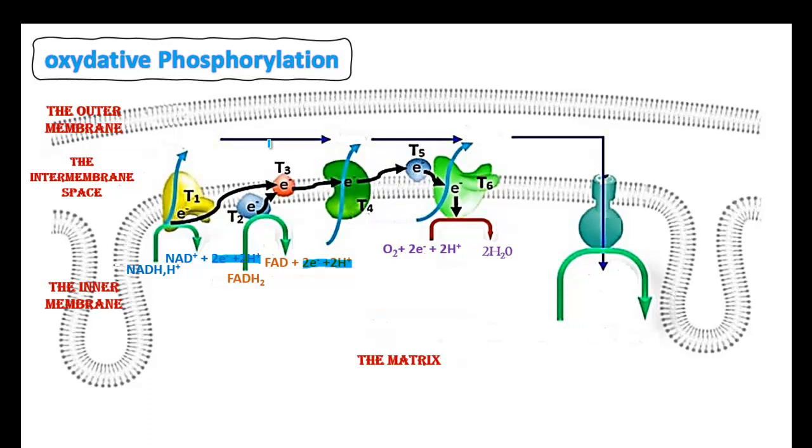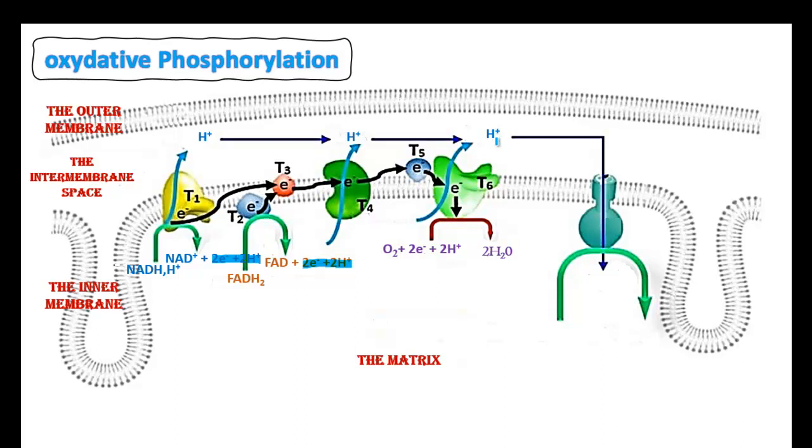So we need energy and we need a pump. For NADH plus H+, these protons released are going to be pumped by complex number 1, complex number 4, and complex number 6.